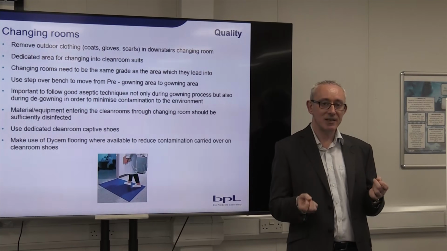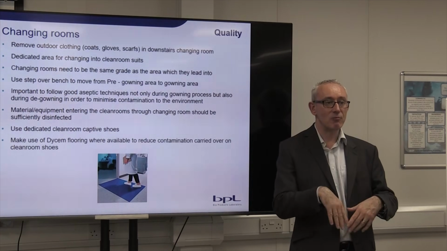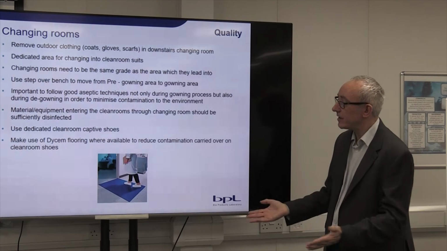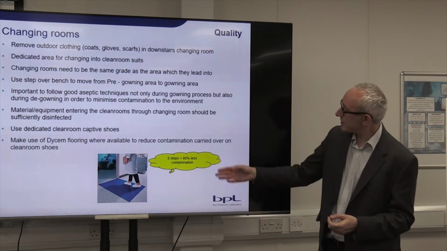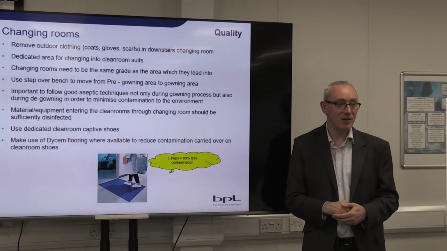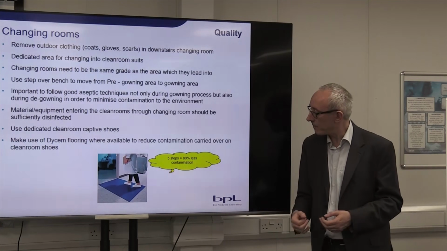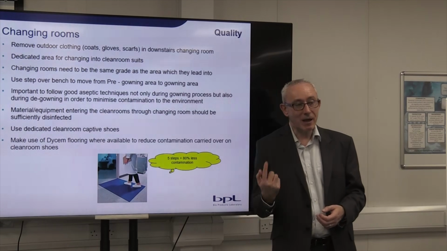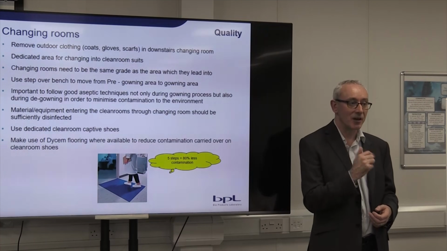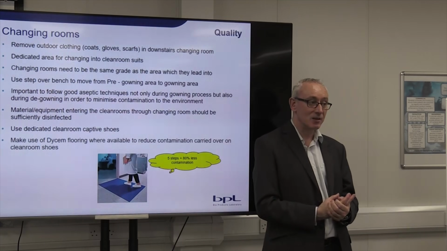What that does is take off contamination from footwear with a charge effect, so it reduces what you can actually walk into the clean room area. To do that, 5 steps is ideal, and 5 steps has been shown to reduce contamination by 80%, according to the manufacturer, and the manufacturer got that from a study that was done at BPL, so BPL actually did the initial verification of Dycem.